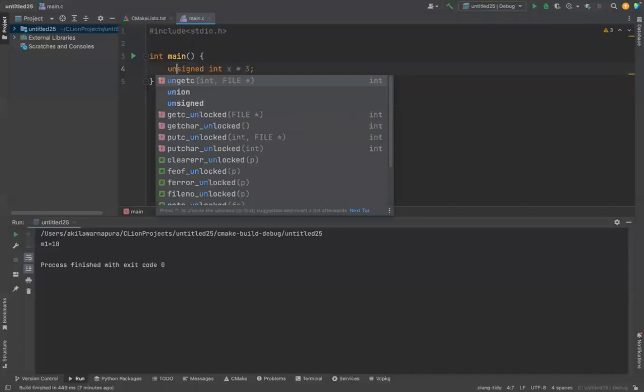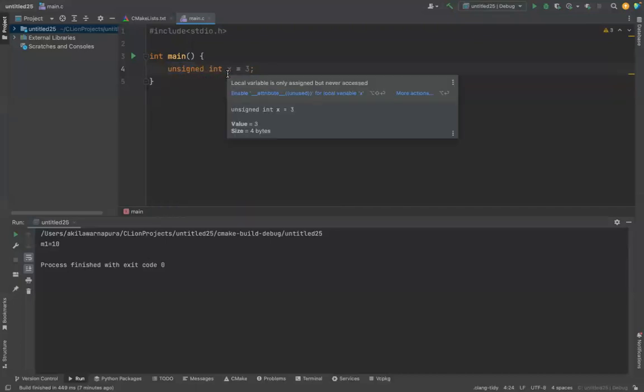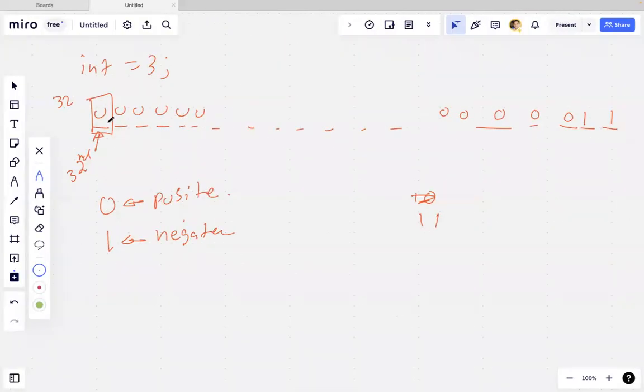If you use unsigned, unsigned means there is no sign available. That means no significant bit is taken for the sign. The whole 32 bits can be taken to assign the value. There is no plus or minus. The entire 32 bits can be used if you are using unsigned.